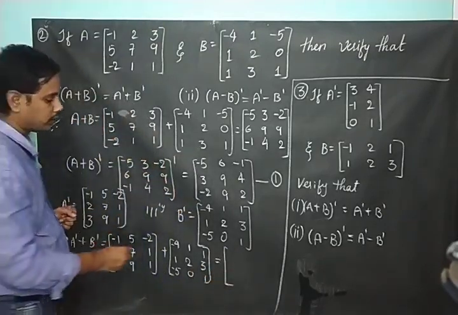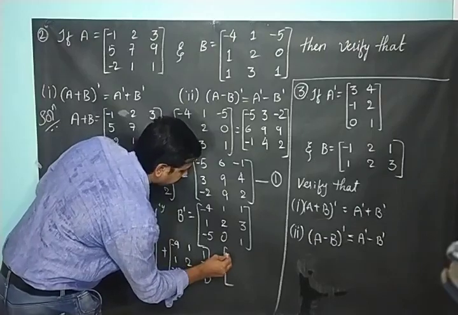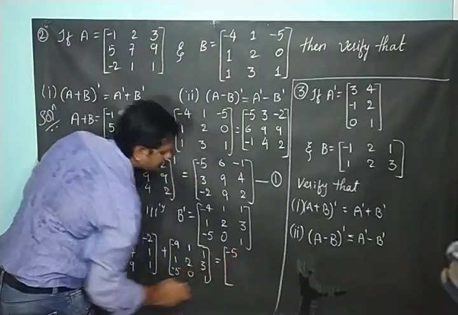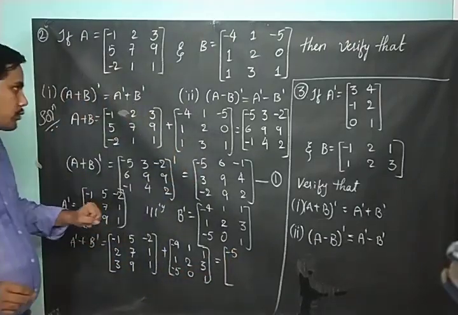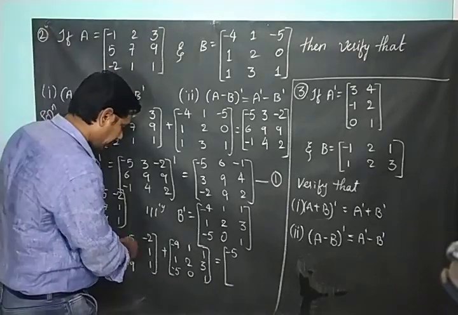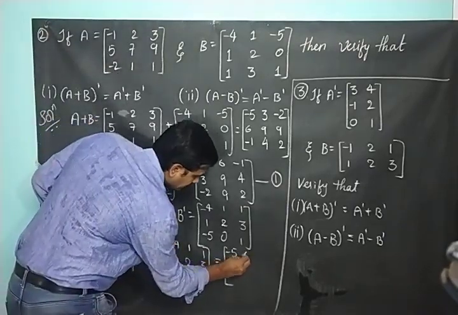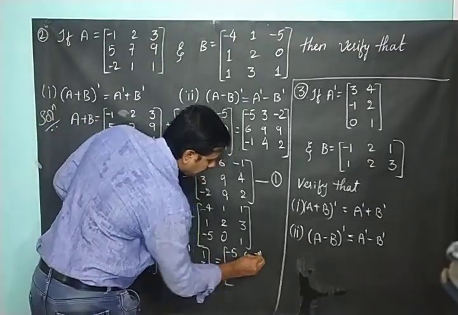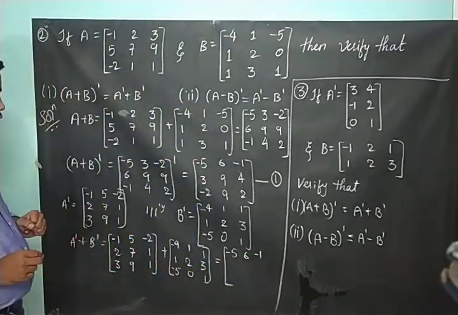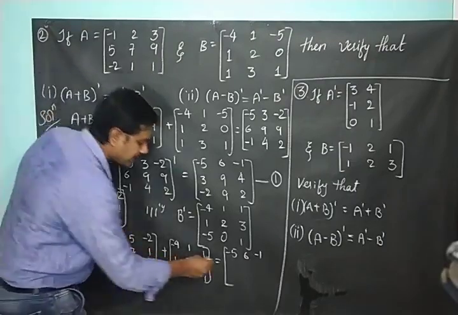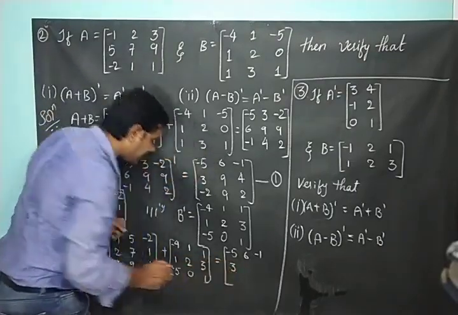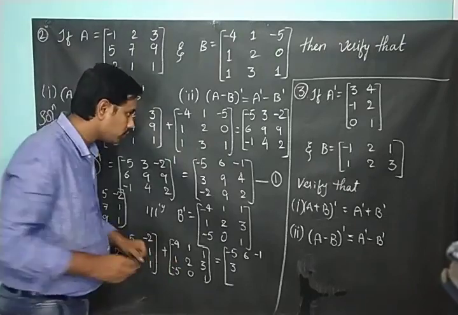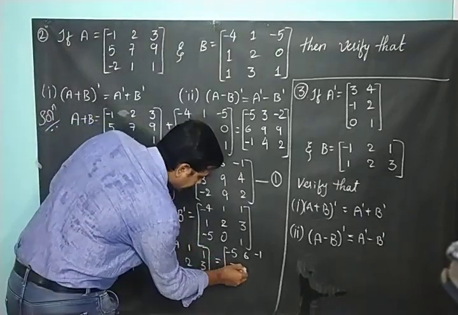Minus 1, minus 4, minus 5. Okay. So 5 plus 1, that is 6. Minus 2 plus 1 is minus 1. What will be the second row? 2 plus 1 is 3. 7 plus 2, 9.